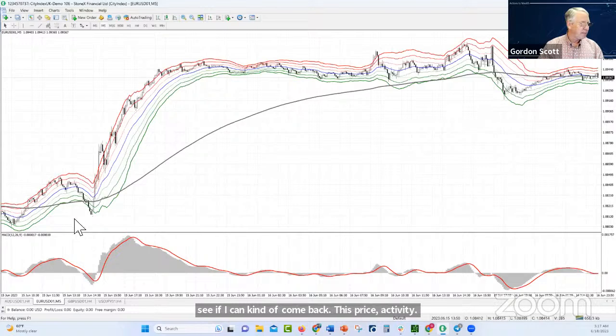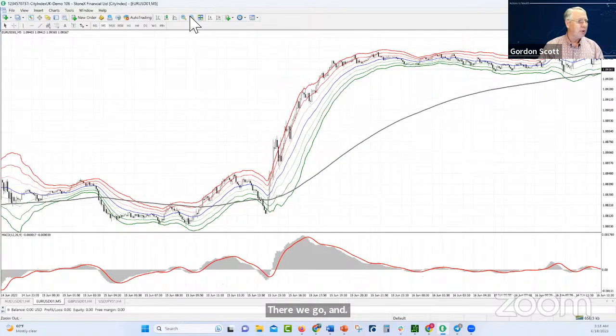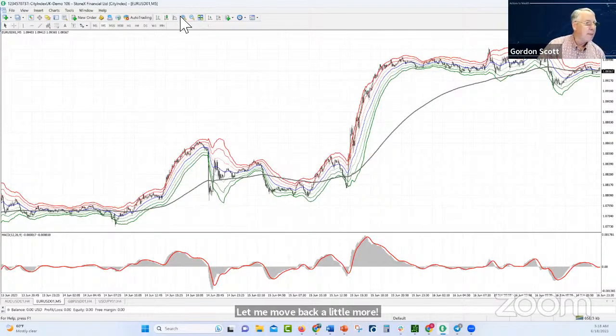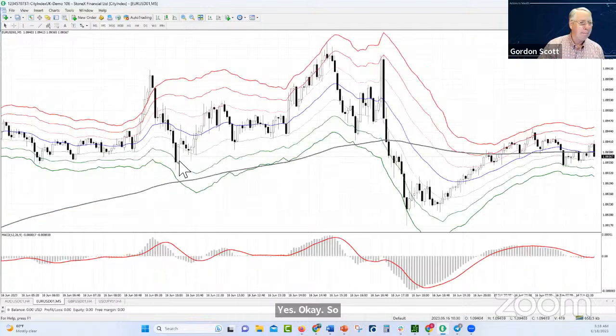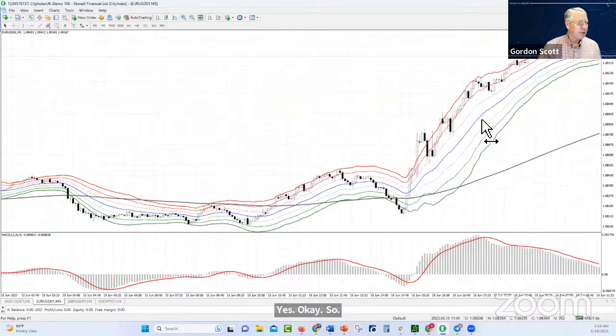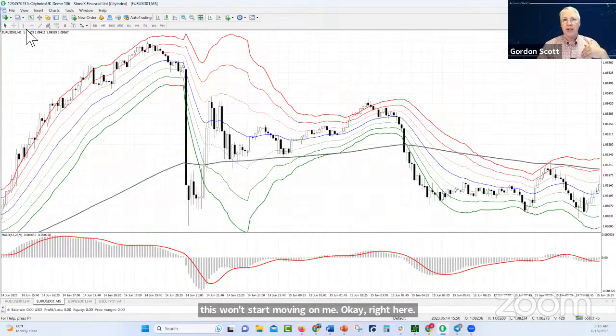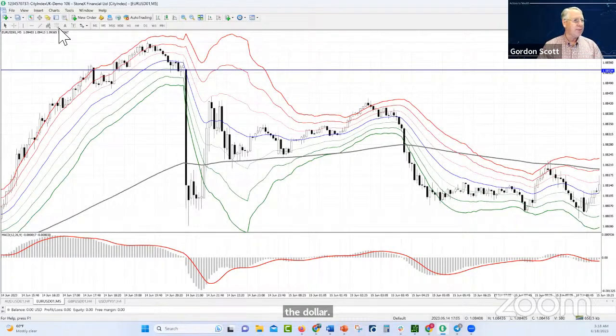Let me move back a little more. Hopefully this won't start moving on me. Okay, right here, this is sort of the upside down. We were looking at the dollar. This is the euro versus the dollar. So now we're looking at something that is upside down compared to what I was just showing you, right?